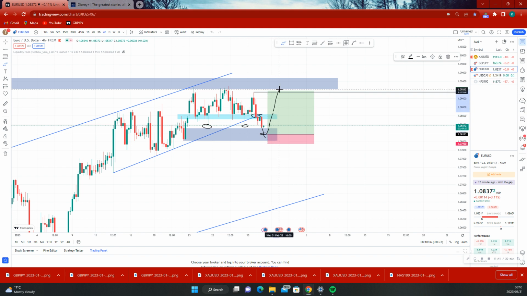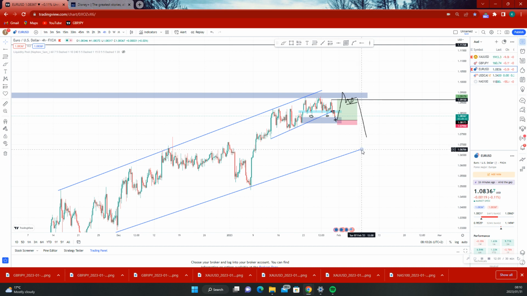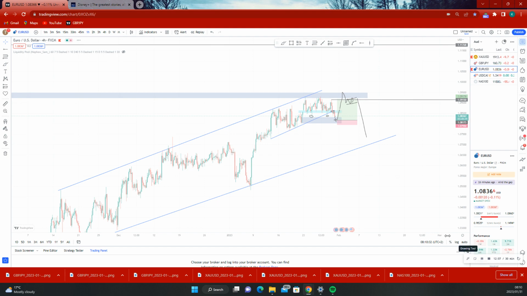That means we can look for price to trade inside that resistance one more time, possibly taking out that resistance with its liquidity, come back to trade inside, and we could see price plummeting down to test this trend line right here, right? So that's my view on Euro USD.